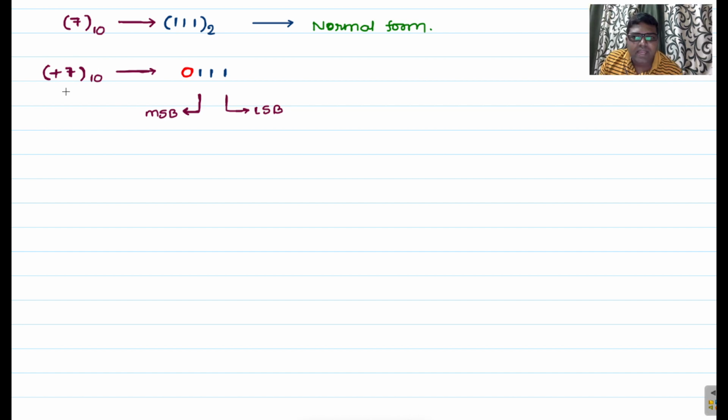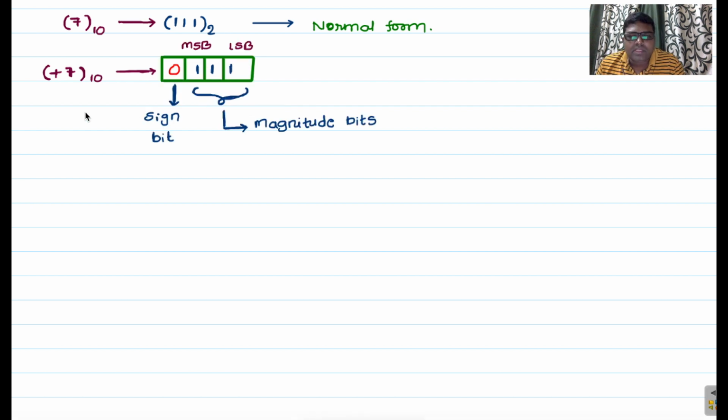Now the signed number contains a minimum of 4 bits here. Out of the 4 bits, 1 bit indicates the sign value, and the remaining 3 bits indicate the magnitude value. This is the positive 7 representation. So we need to add a 0 bit in front of this number, giving a total of 4 bits.